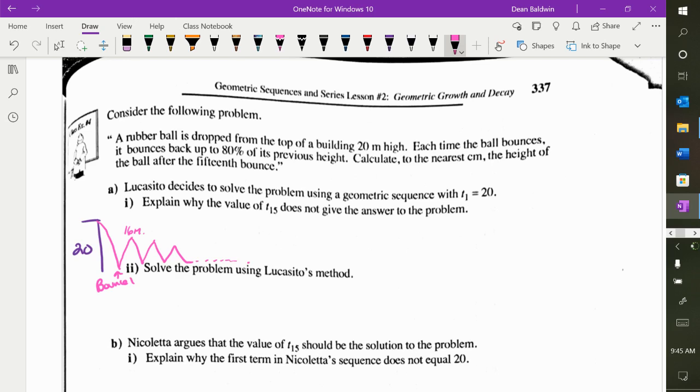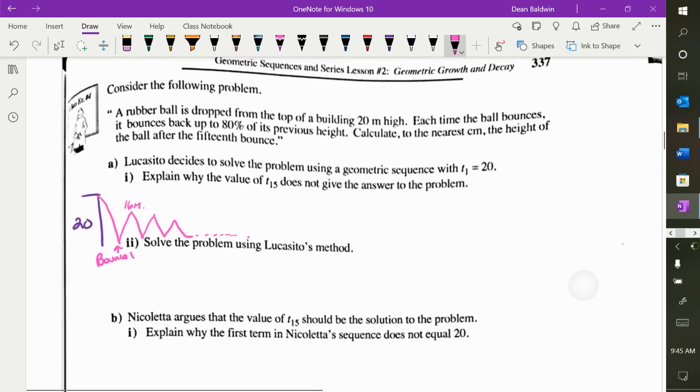If T1 is 20, why does T15 not give me the answer to the problem? Because it's at the end of the bounce.